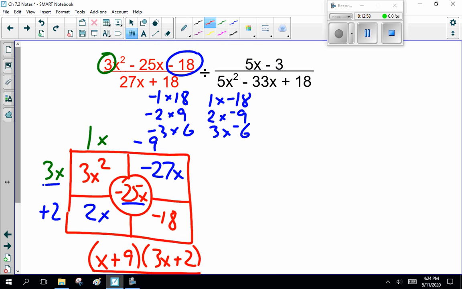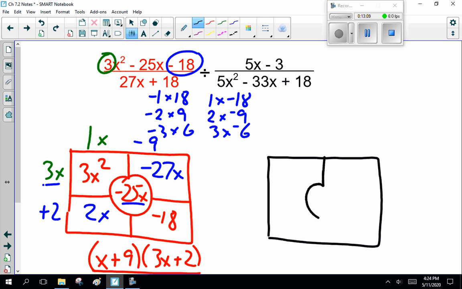Now the other one, 5x squared minus 33x minus 18 is enough to make you scream. But if you've noticed here, while I am mostly evil, quite often I give you hints. And what's one hint here?